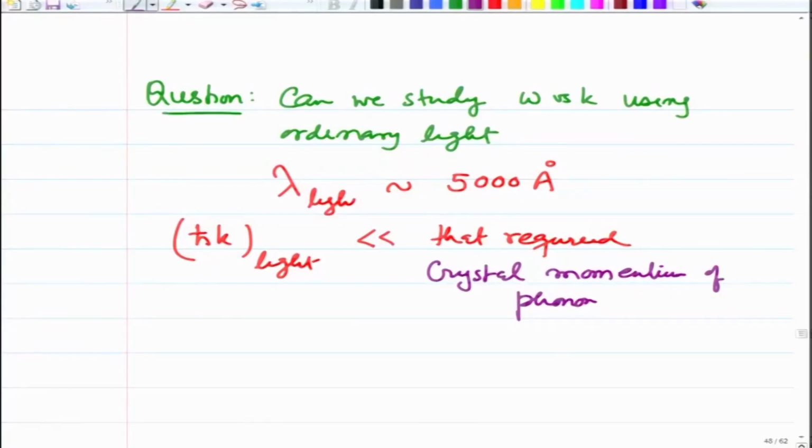Let us ask the next question. Can we use X-rays? Because X-rays after all have lambda equals 1 angstrom, or 2 angstroms, and are used to study the crystal structure.